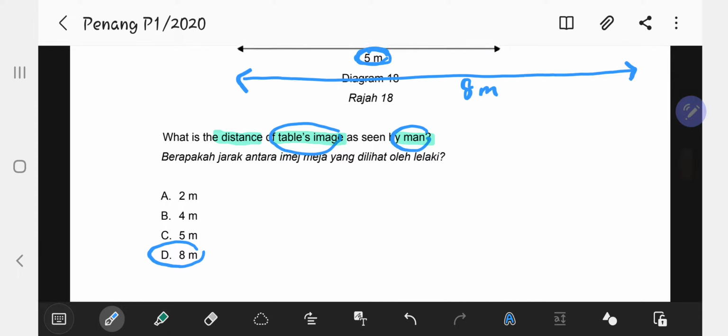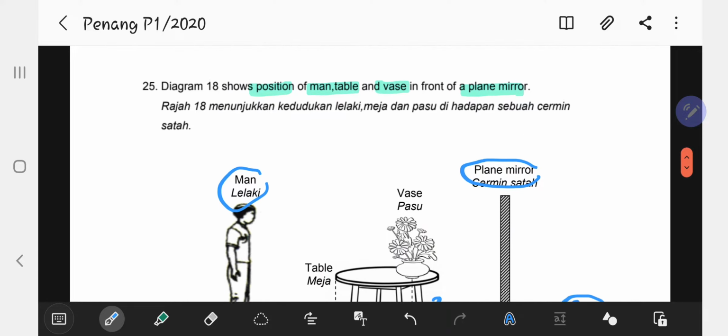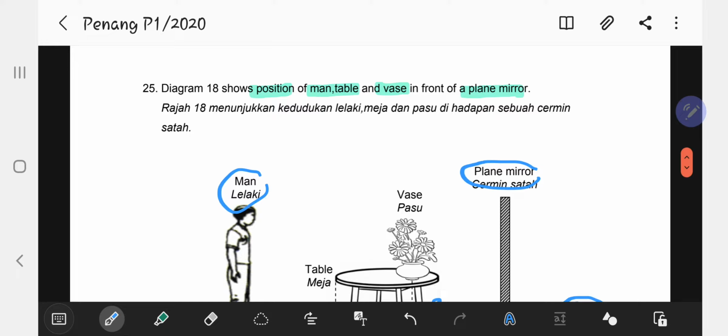Now, this is from Chapter 5, Form 4. This is 5.1 Reflection. In this subtopic, you learn the characteristics of the image formed by a mirror. There are two types of mirror that you learn.